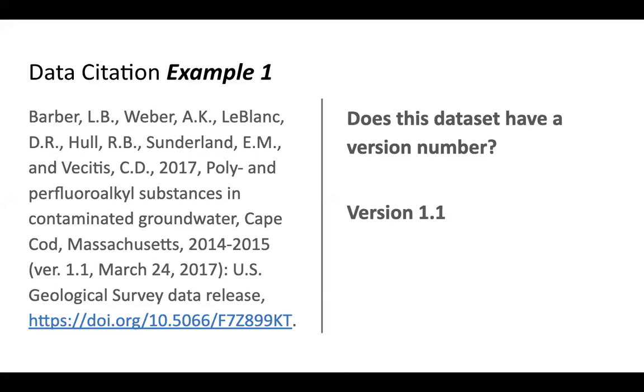Then the version number, which is 1.1, indicates this is not the first version of the data set, but probably the second. And the date here, along with this version 1.1, is the date when the data set was updated or this version was published. This date may change in subsequent versions of this file, but that 2017 at the beginning will always be 2017.